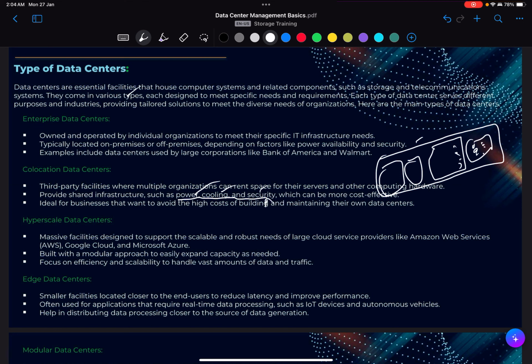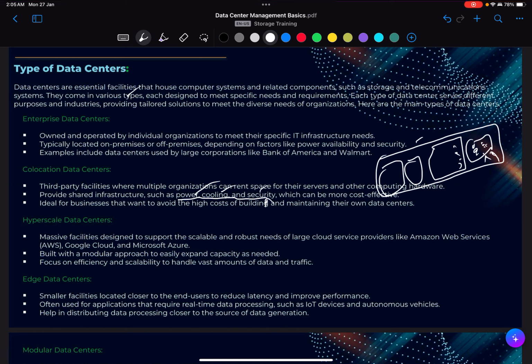And logical security you manage with your firewall and your network, like from where traffic is coming, and they have their features. Those are on the logical level, based on how you have your configuration. So in this way, you don't need to maintain your own data center or bear the high cost of the building.